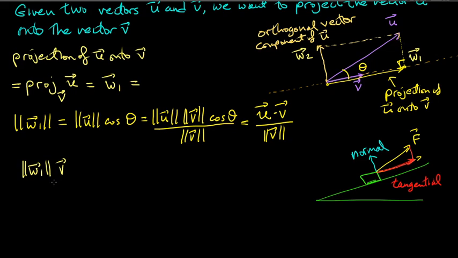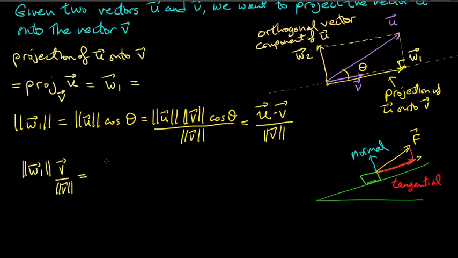But that's an easy fix. I can turn this vector into a unit vector by just dividing by the magnitude of v. So now I'm just multiplying by v divided by its magnitude, so I'm multiplying by a unit vector in the direction of v.